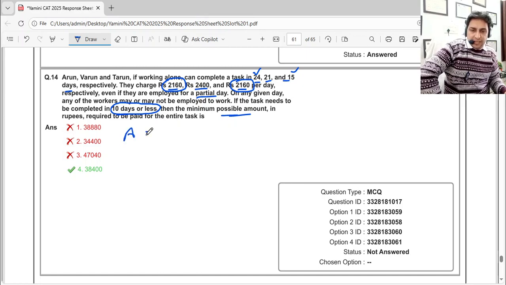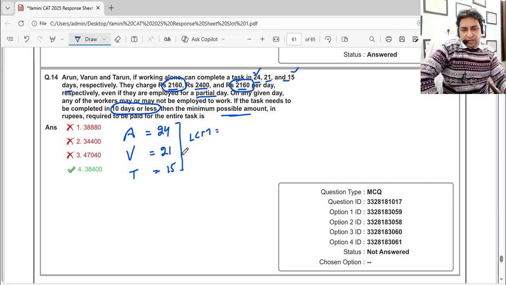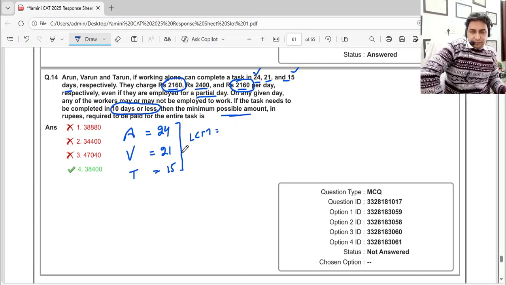Now Arun takes 24 days, Varun takes 21 days and Tarun takes 15 days. As in the units method, take an LCM of all of them. So LCM comes out to be 840 units.